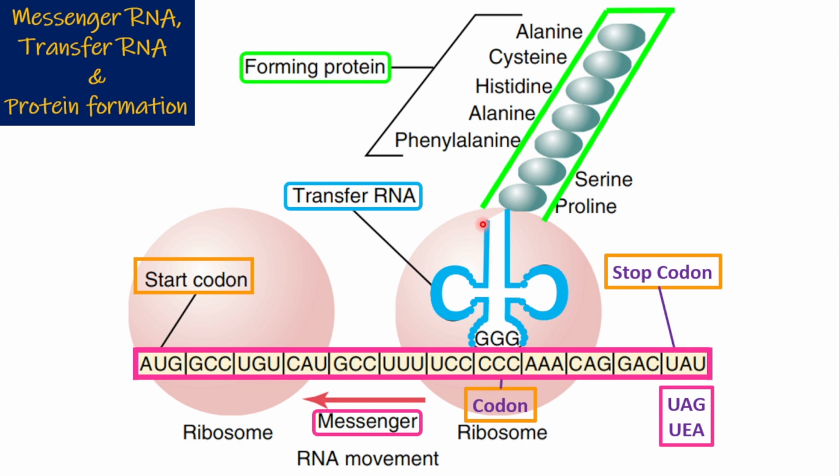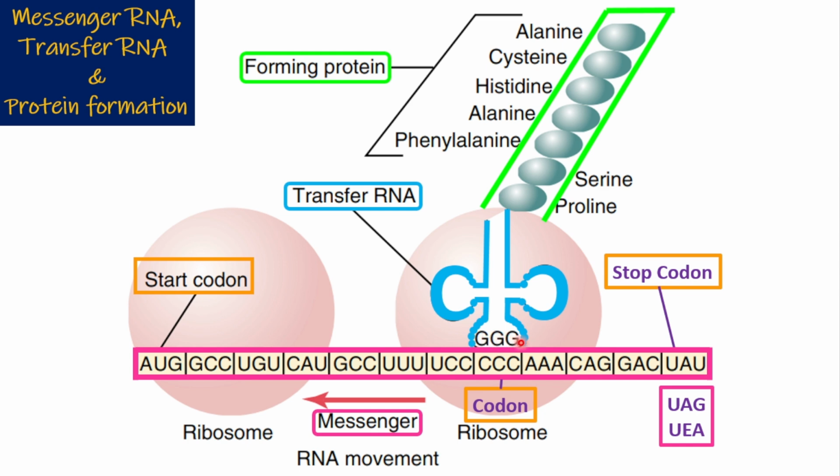Now as the messenger RNA has a sequence of bases, this transfer RNA also has bases. For instance, there might be adenine here, guanine here, cytosine here, uracil here. But we have to focus at this point of the transfer RNA chain, exactly the middle portion of the transfer RNA chain.